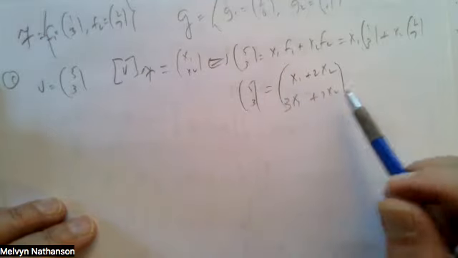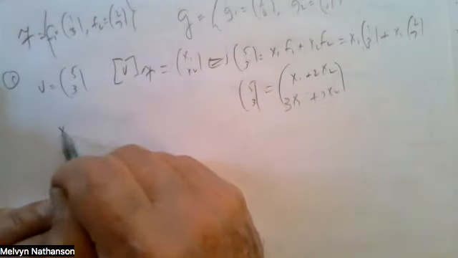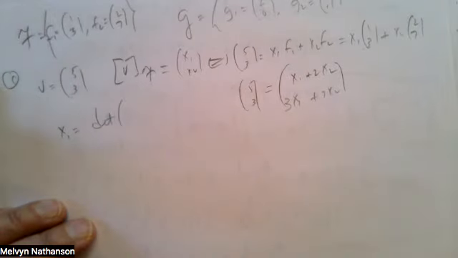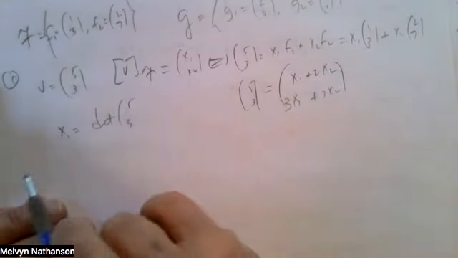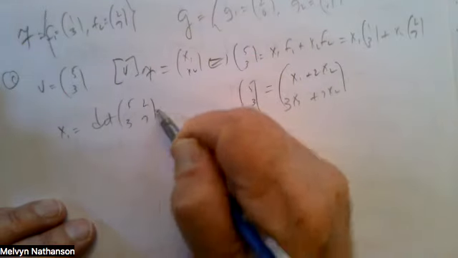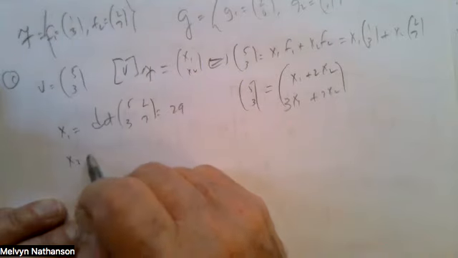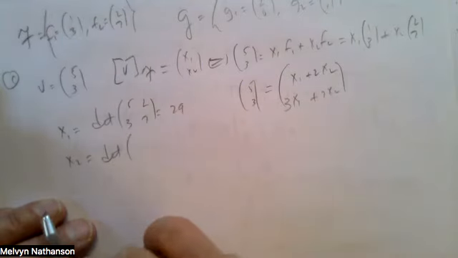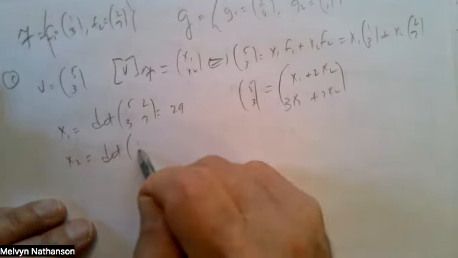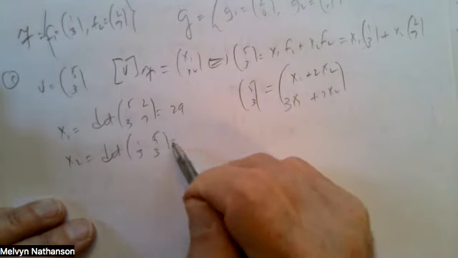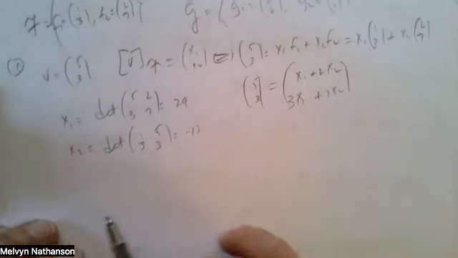So I want to solve for x1 and x2. X1 is going to be the determinant of 5, 3, 2, 7, which is 35 minus 6 is 29. And x2 is going to be the determinant of 1, 3, 5, 3, which is minus 13.